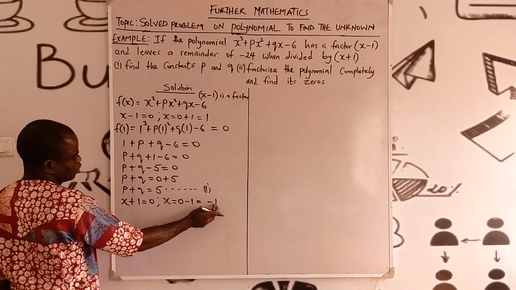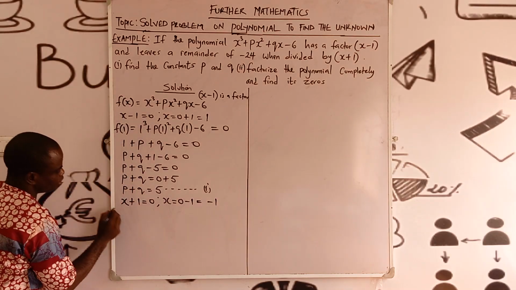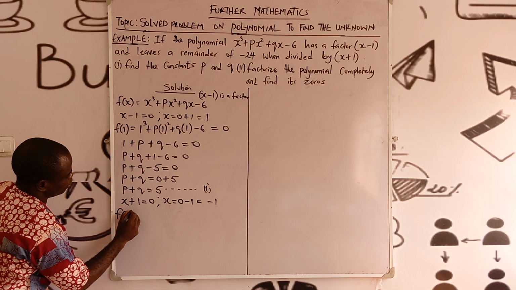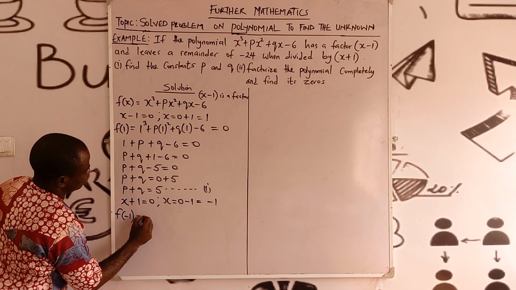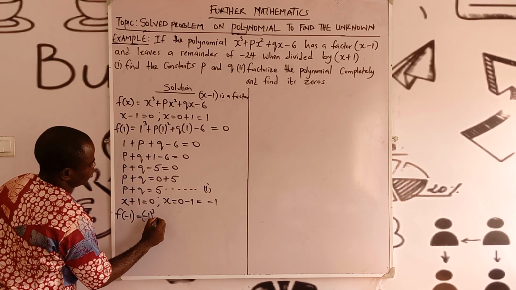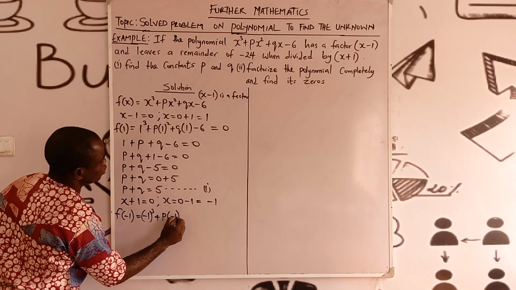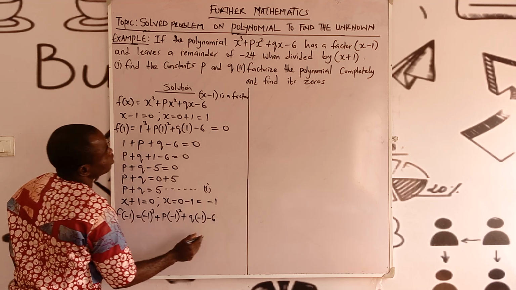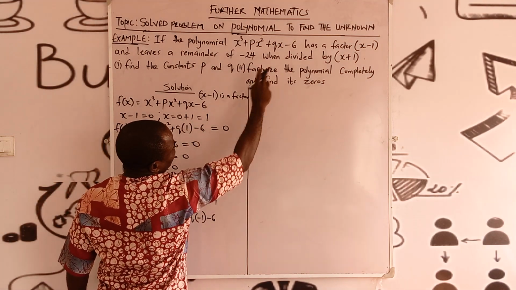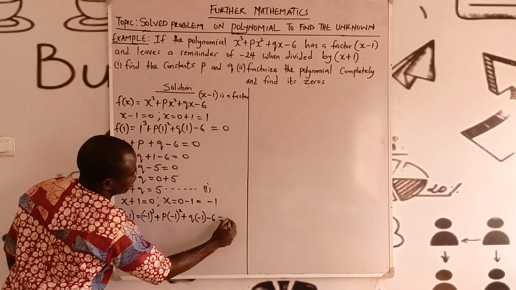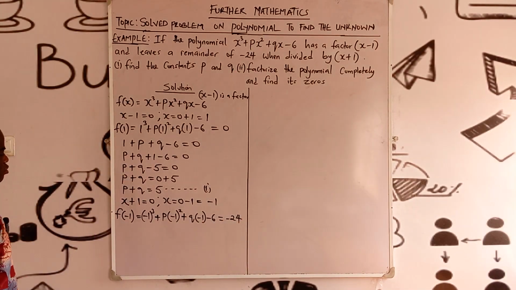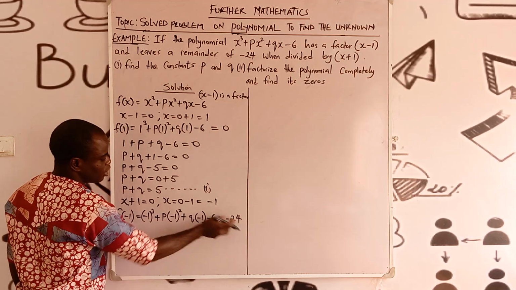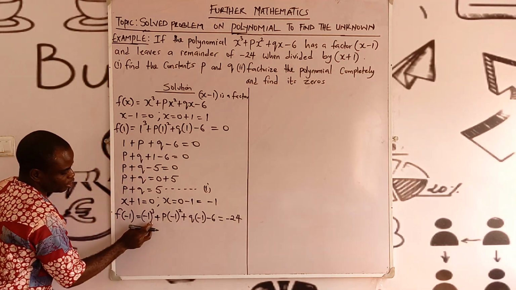We substitute x equals minus 1 into the general equation. f of minus 1 equals minus 1 cubed plus p times minus 1 squared plus q times minus 1 minus 6. The remainder is minus 24 when divided by x plus 1, so we equate it to minus 24. Forget about f of minus 1 because we have equated it already to minus 24, and concentrate on this expression.